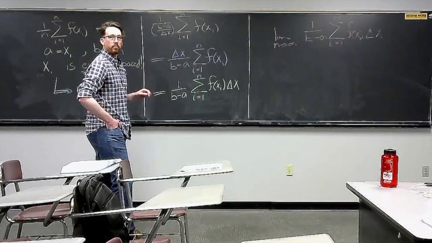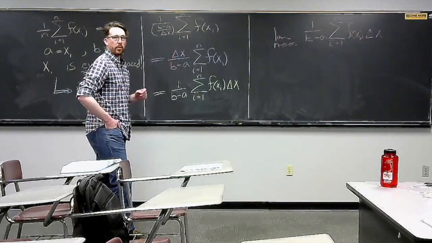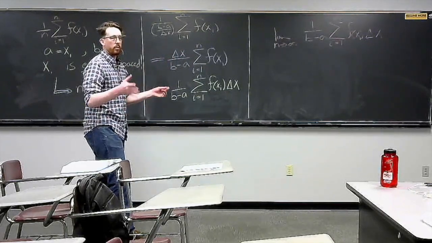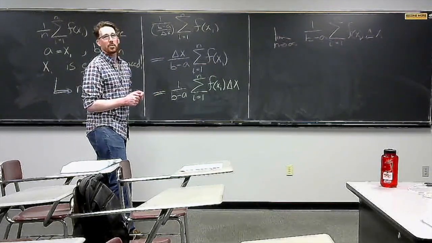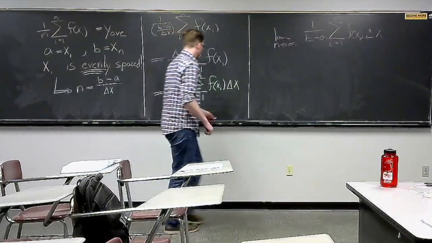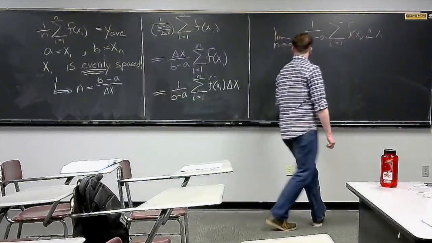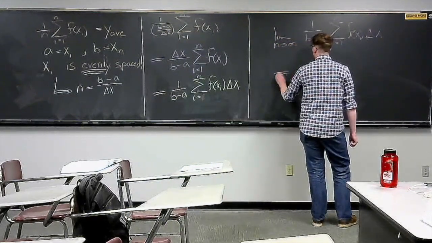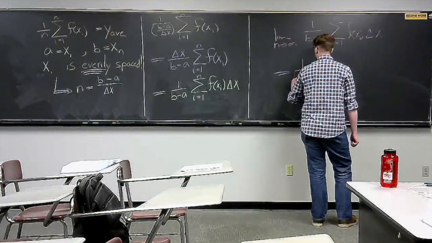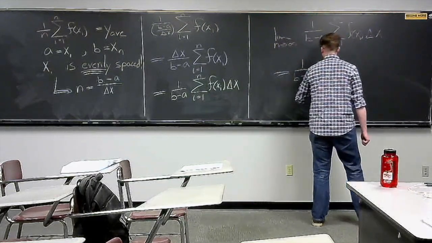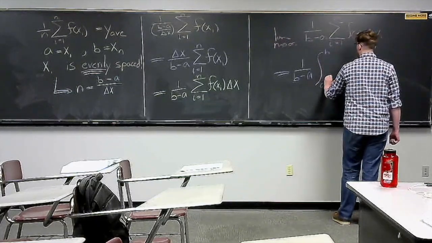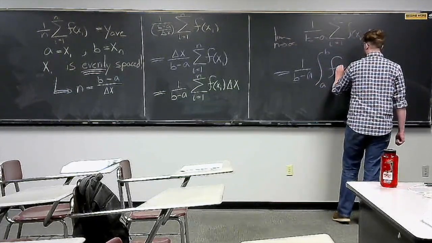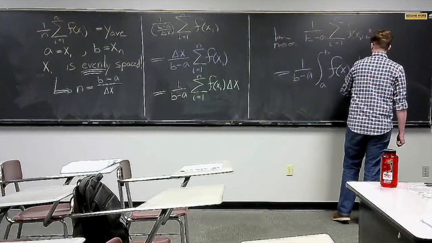That is what the average of a function is over some domain. What? That's ugly. So let's put it in integral notation. Putting it into our lovely integral notation, we have 1 over b minus a times the integral from a to b of f of x integrated with respect to x.